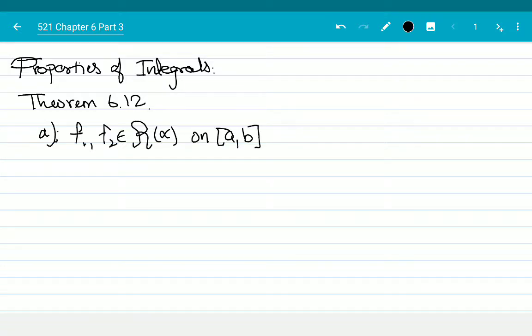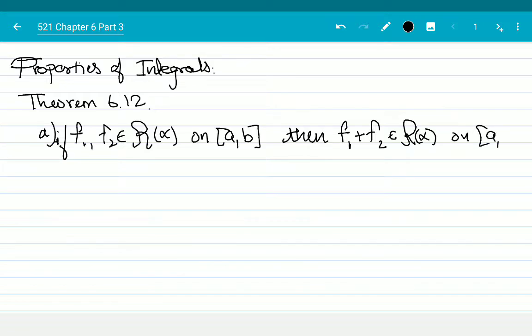Okay, so if f1, f2 belong to R alpha, then f1 plus f2 also belongs to R alpha on [a,b], and so does c times f1.